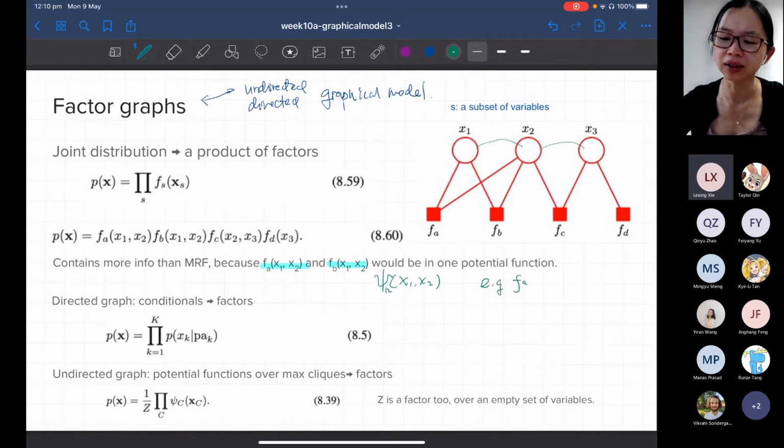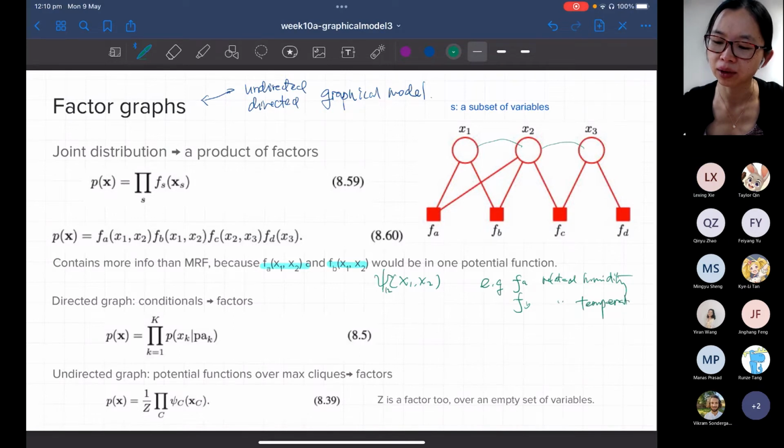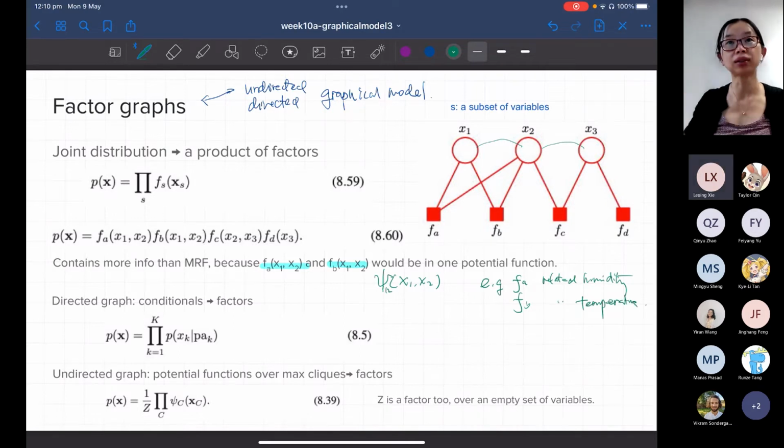One of the factors could be related to humidity, and one of the other factors could be related to, say, temperature. So being able to think about them separately and model them separately sometimes has an advantage.